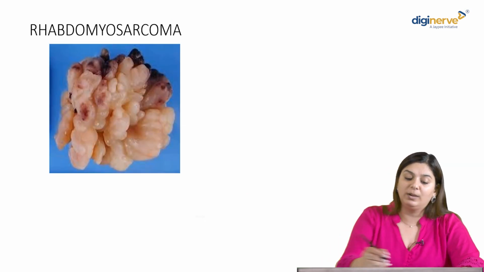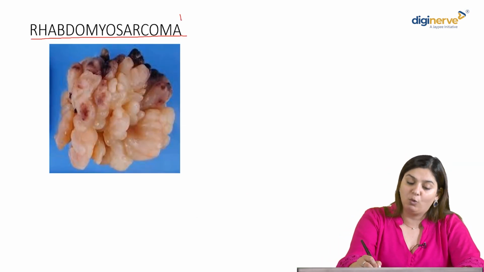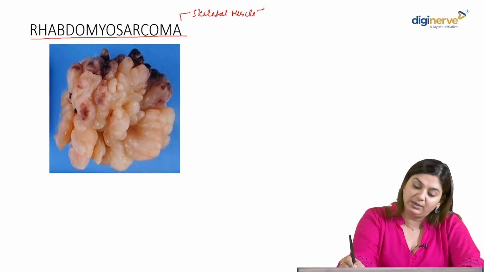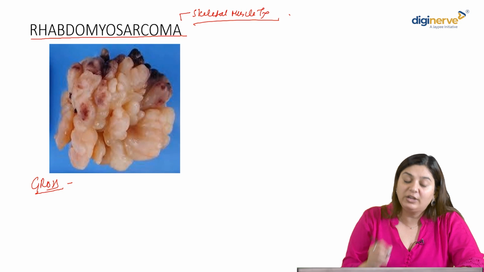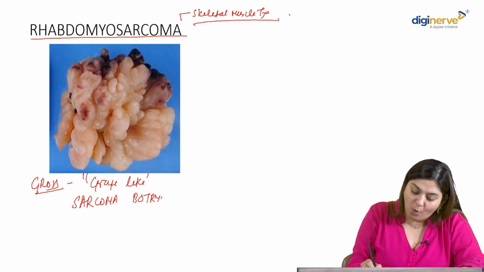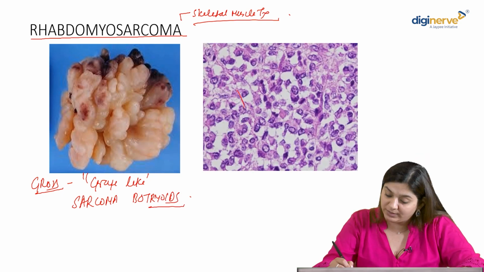Now, the next tumor is rhabdomyosarcoma, which is a skeletal muscle tumor. So, the gross of it is grape-like and it is known as sarcoma botryoides. Can you see all these cytoplasmic stretching?